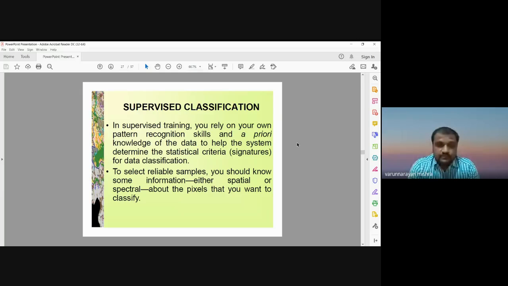In the supervised classification method, or supervised training process, you rely on your own pattern recognition, your skills, and your prior knowledge about the study area and the data. That helps you create statistical criteria to create the signatures for data classification. To select reliable samples, you should know some information, either spatial or spectral, about the pixels that you want to classify.